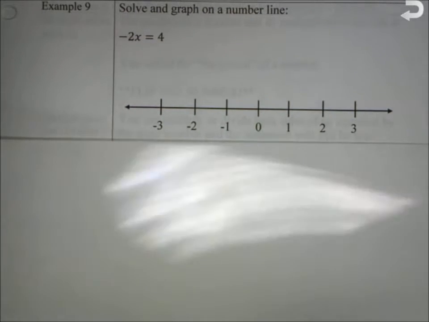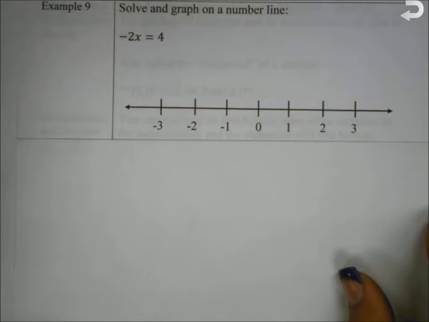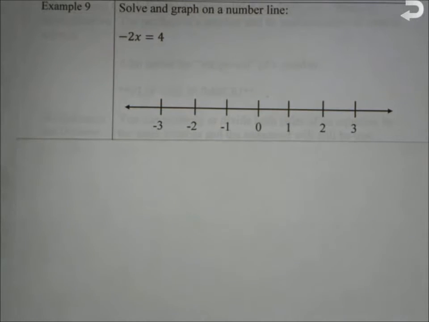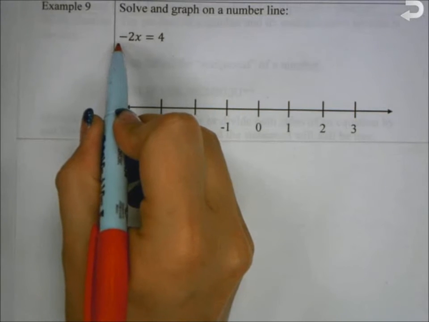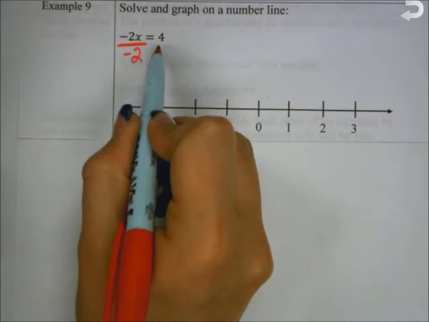Alright, so I have negative 2x equals positive 4. The first thing I want to do is solve this. How do I solve it? Brandon, how do I solve it? Exactly. I divide both sides by negative 2. So I have negative 2 divided by negative 2. What does that give me? 1. So what am I left with on the left-hand side?